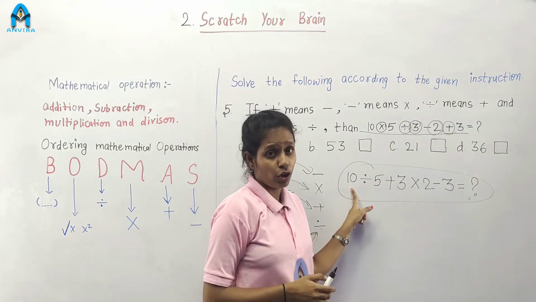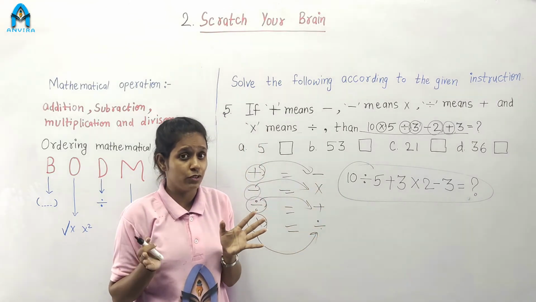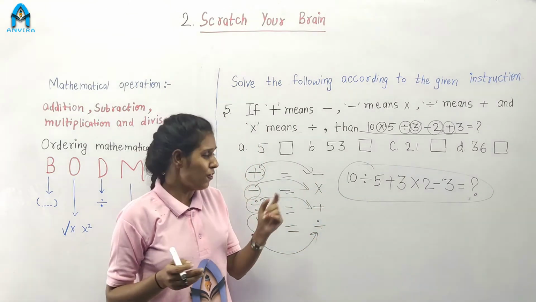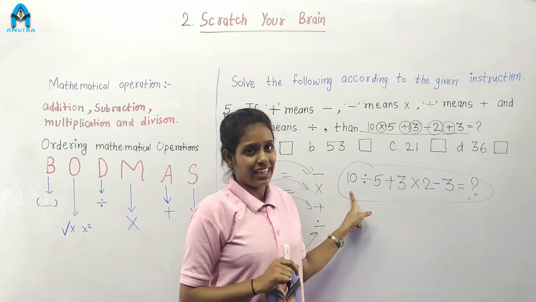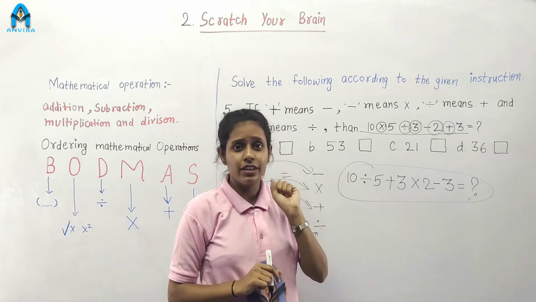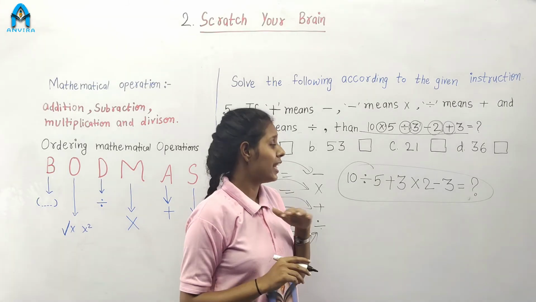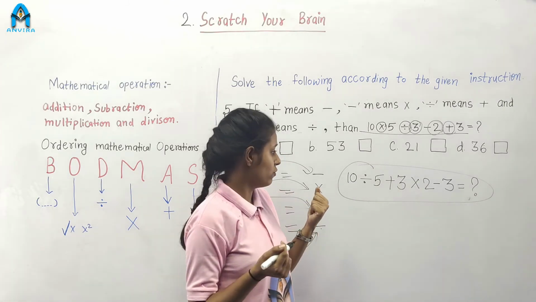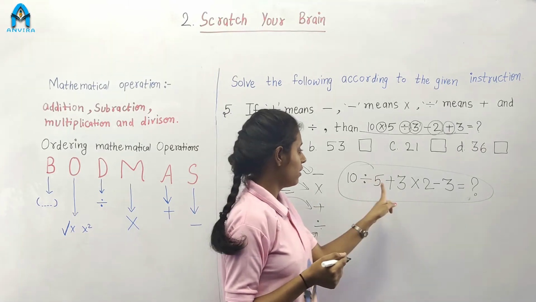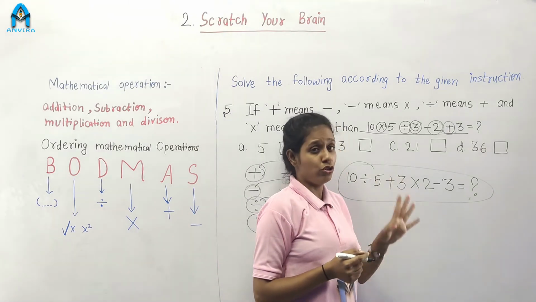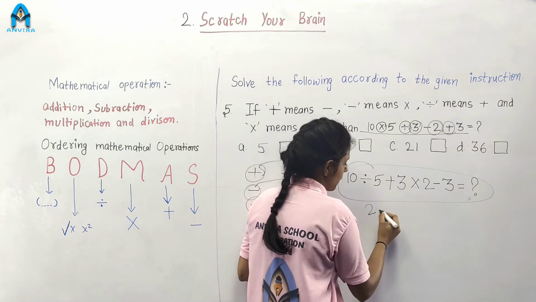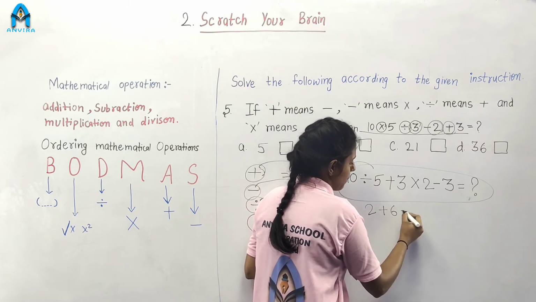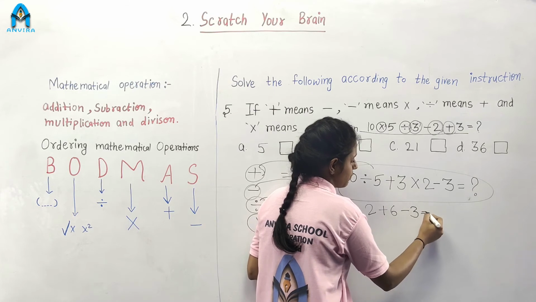First of all, which operation do we solve? We solve, yes, divide. So 10 divided by 5 is 2. Next, which operation do we solve? Multiplication. 3 multiplied by 2 is 6. So 2 plus 6 minus 3.